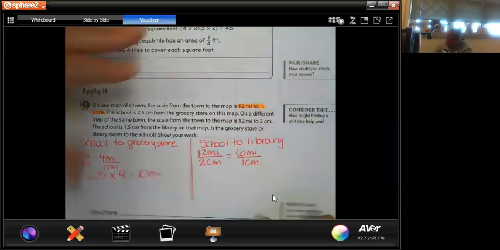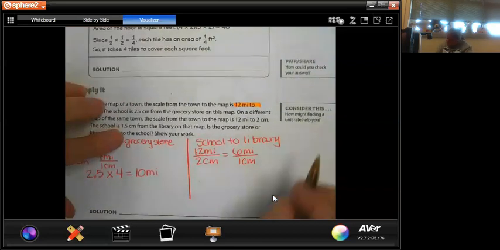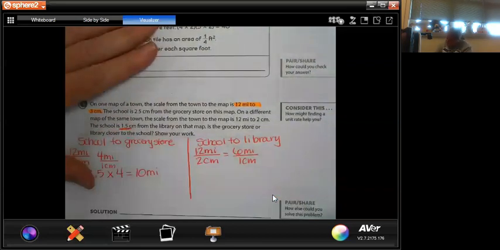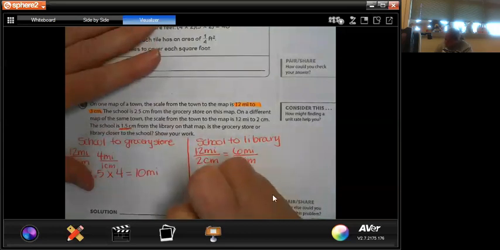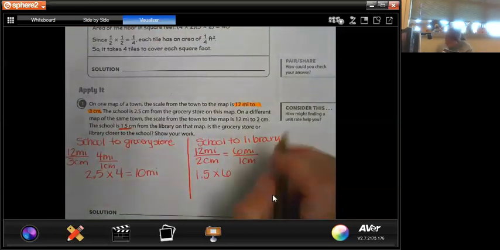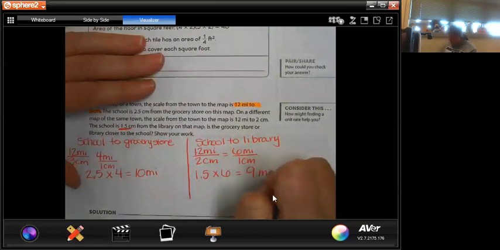So all you would do is take the distance on the map from school to the library, which is 1.5, and multiply it by 6. 1.5 times 6 is 9. So it's 9 miles.